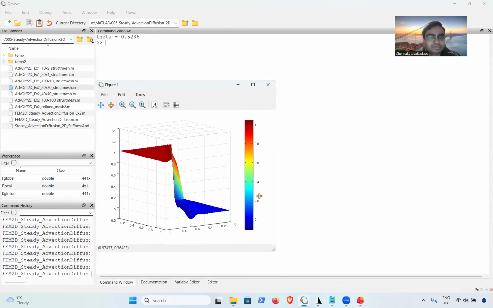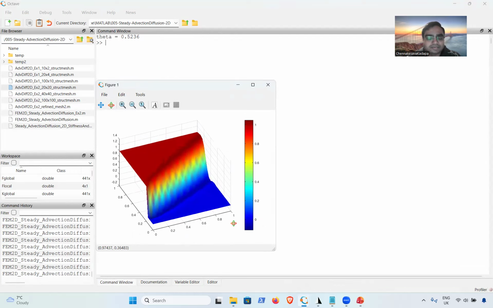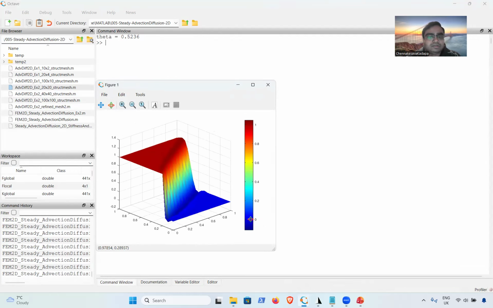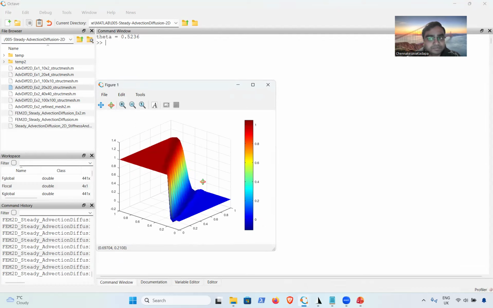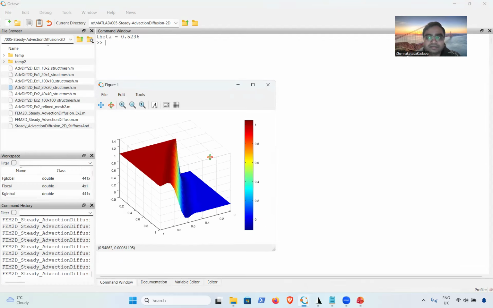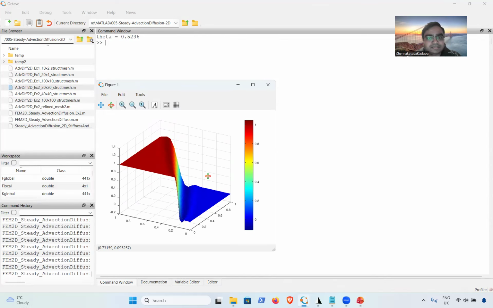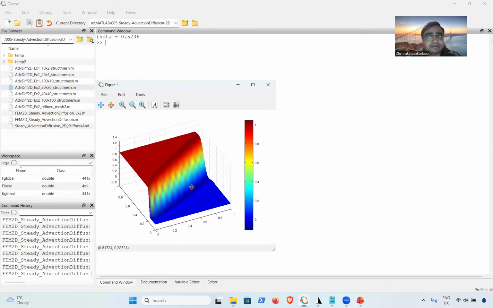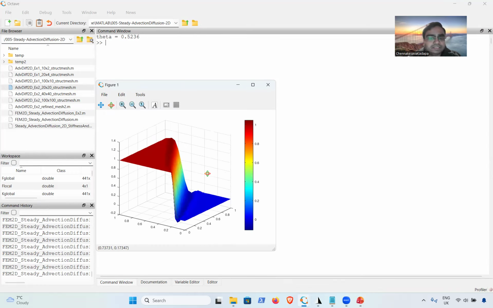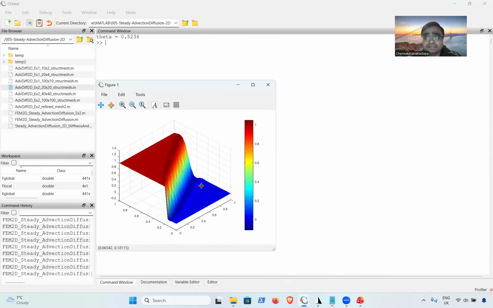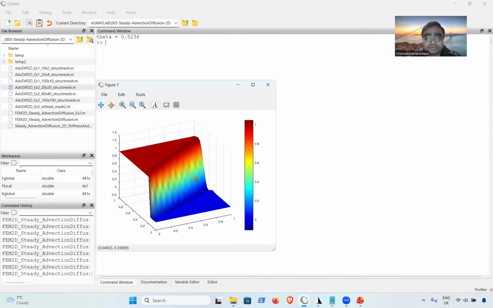Now we also got rid of the oscillation because of the stabilization. This is not an oscillation, this is the Gibbs phenomenon. We got rid of the oscillations, and the solution is smooth, but it is still not exactly correct. I don't know if you're familiar with the Riemann problem and all.